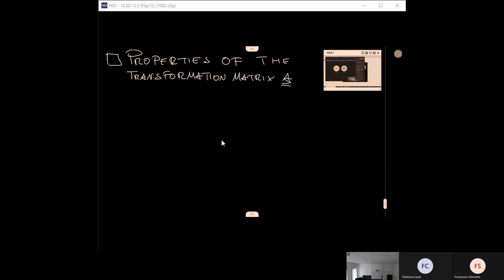So the first property is the orthogonality of the matrix. Do you know what the orthogonality of a matrix is? Does someone of you know? Also from home? Do you have any idea?